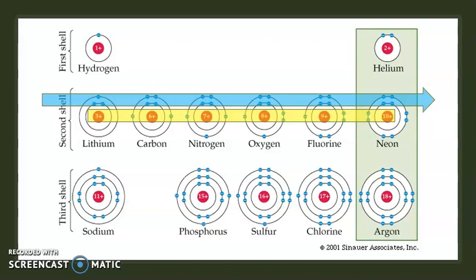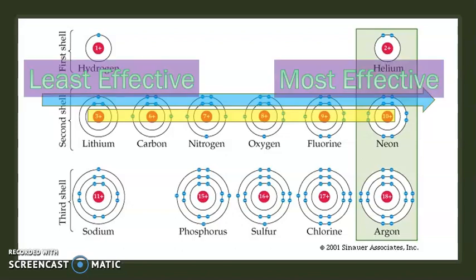As you go across a row on the periodic table, although you're adding in an electron, you're also adding in a proton. More protons, more power, more pull. Neon in this group will be the smallest of the atoms, whereas lithium in this group will be the largest. It's because it has the least number of protons in its nucleus, given the same number of shells, and therefore is the least effective at pulling in its own electrons.